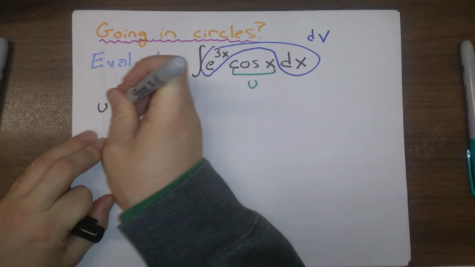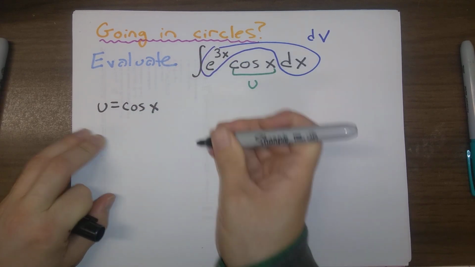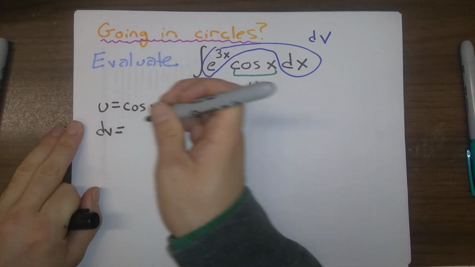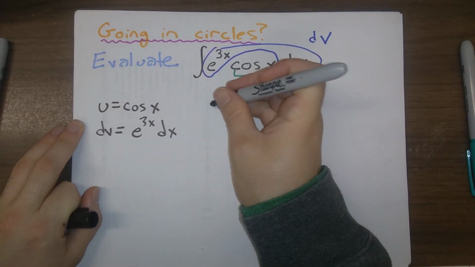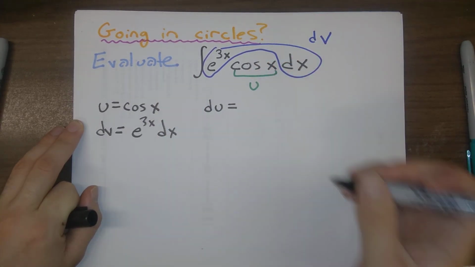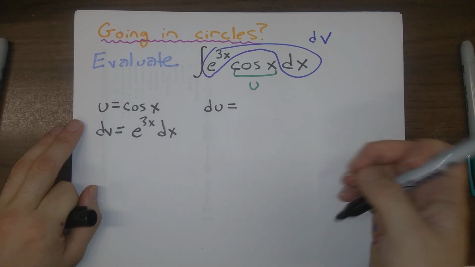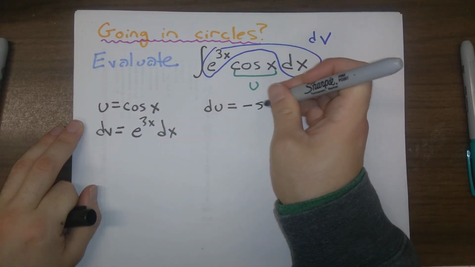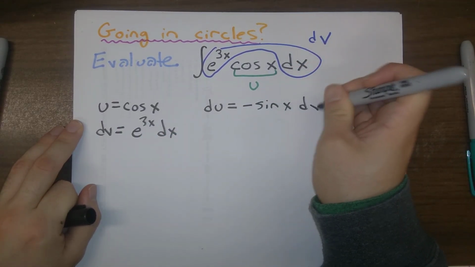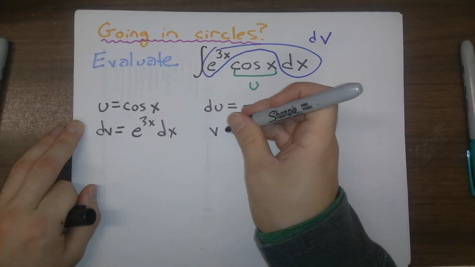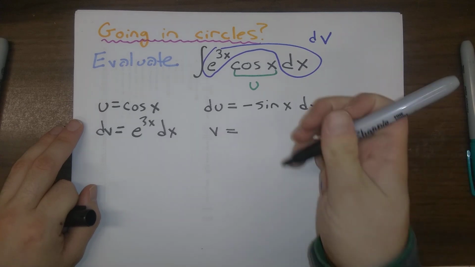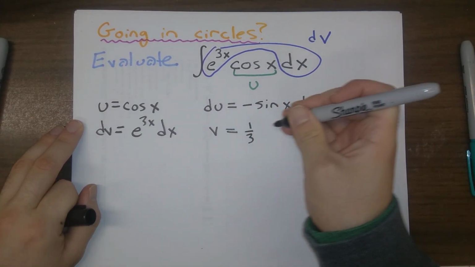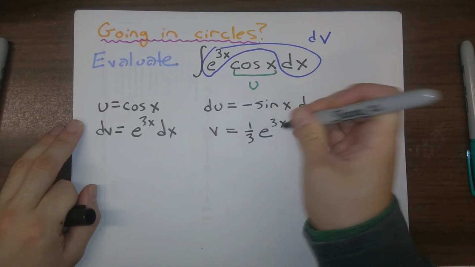Okay, so u is equal to cosine x, dv is equal to e to the 3x dx. du is going to be, take the derivative of cosine x, we get minus sine x dx. And v is going to be, when we integrate e to the 3x, we get 1/3 e to the 3x.